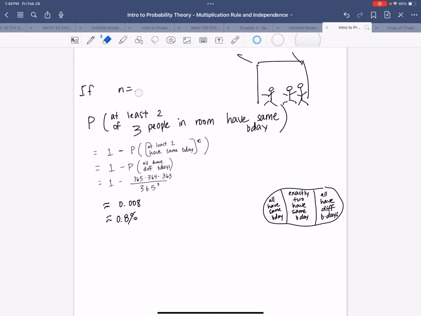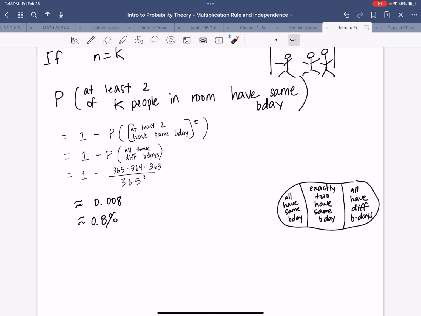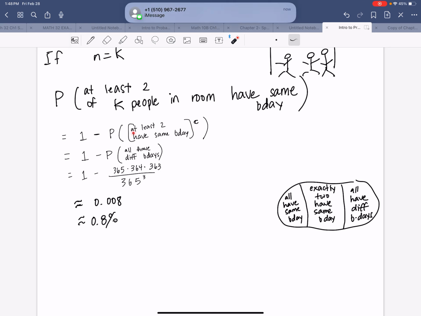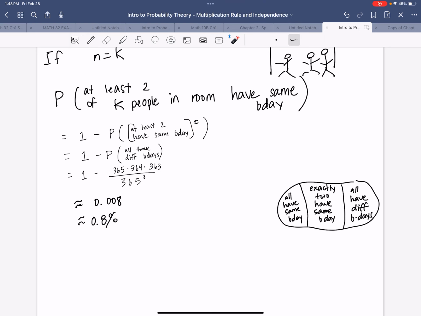Okay, so maybe what if n is equal to just, I don't know, k? And now we want to know what's the probability that at least 2 of the k people have the same birthday. What's the complement of at least 2 have the same birthday?